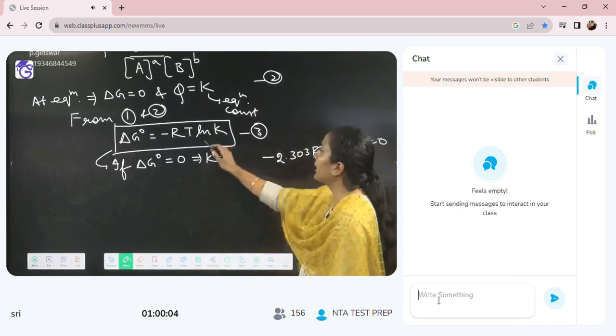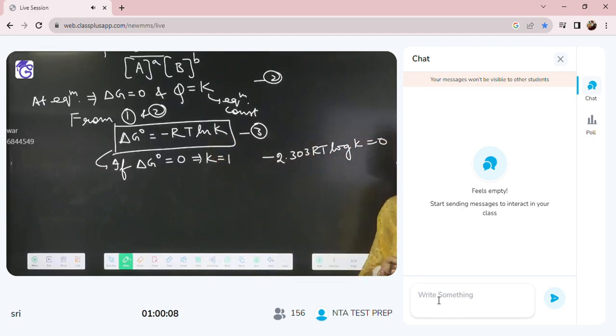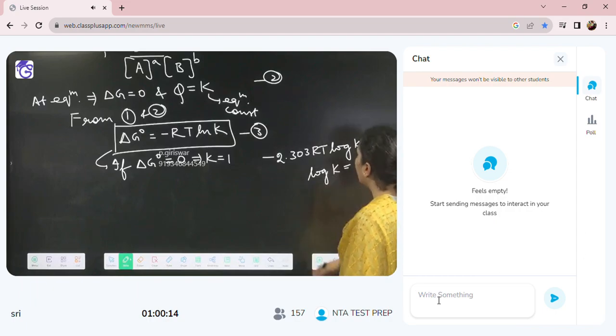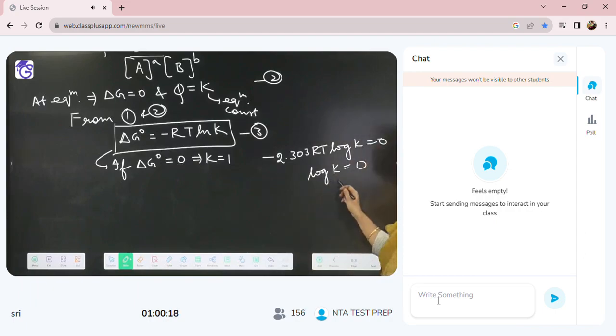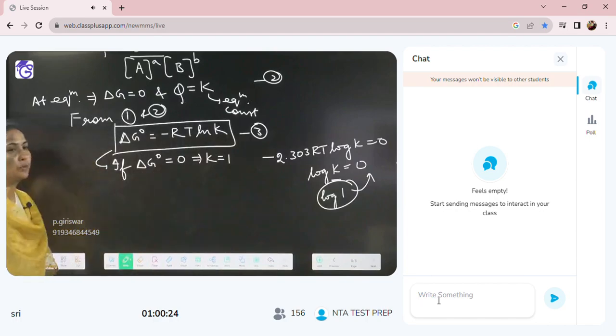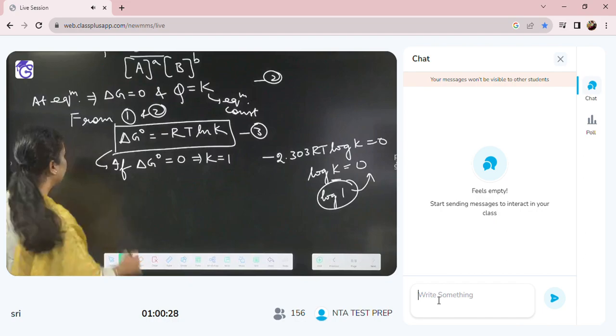I have just converted the log to the base e to the log to the base 10, right? Now if I am equating this to 0, log K will become equal to 0, and log K will be 0 when the value of K is 1. Log 1 is only 0, right? So that's what I have written here. Understood this first conclusion which I am drawing here, delta G naught equal to 0 and K equal to 1.